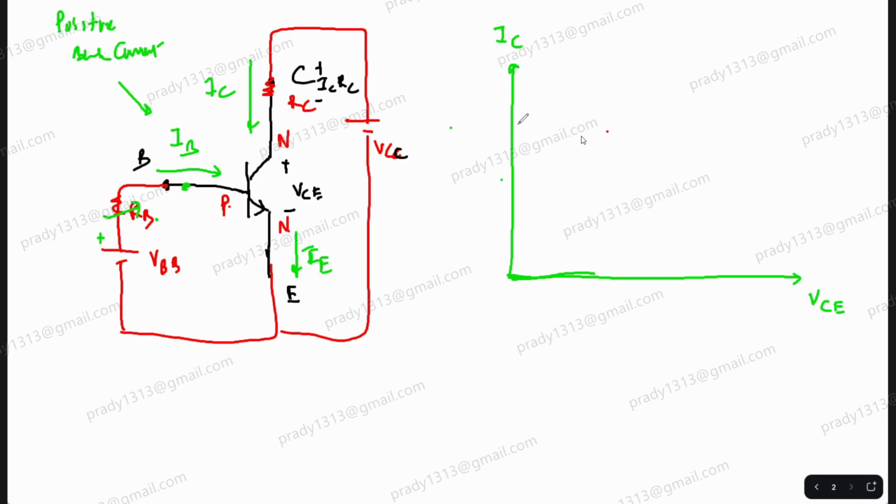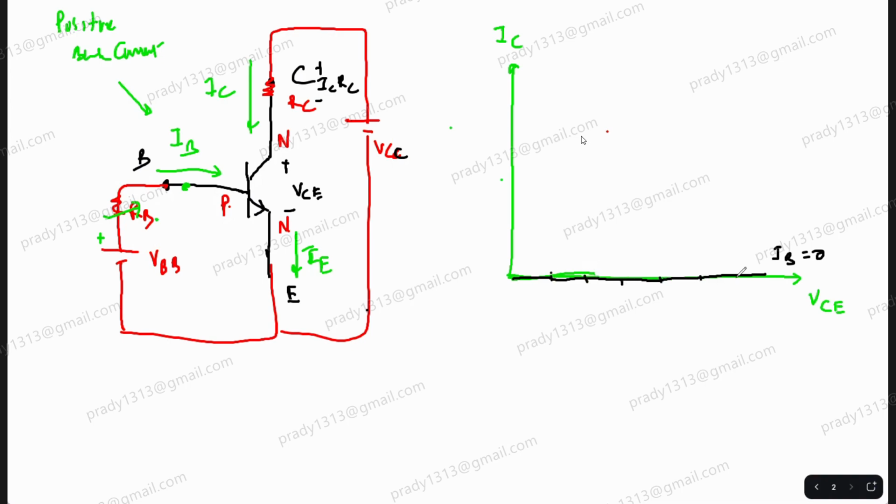So what happens if you do not give any base current? Will there be any current flowing through the circuit? No, sir. Can I draw a line like this and say this is my characteristic for IB equal to 0? Yes, because IC is 0. At IC equal to 0, VCE will be equal to VCC, which can also be your supply voltage.